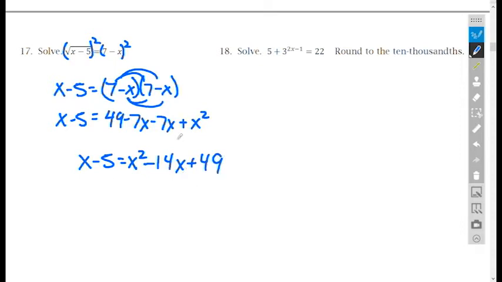Okay, so this is a quadratic. So I need to set it equal to 0. And then I solve it by factoring if I can. If not, I'll use the quadratic formula. So I'll subtract x. So negative 5 equals x squared minus 15x plus 49. And then I'll add 5.